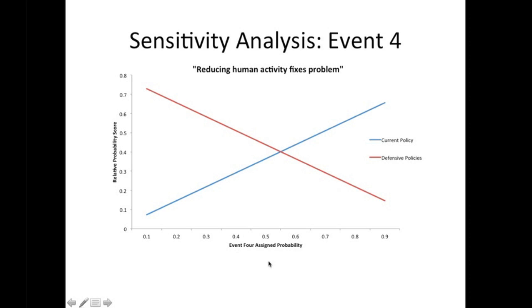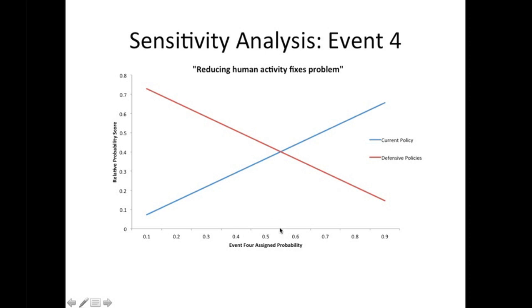In this chart, the sensitivity is across the bottom here, where we can vary from 0.1 to 0.9 the probability associated with event 4. And the resulting outcome probabilities are in the vertical axis. So you can see that here's the 0.55 at which point they intersect.